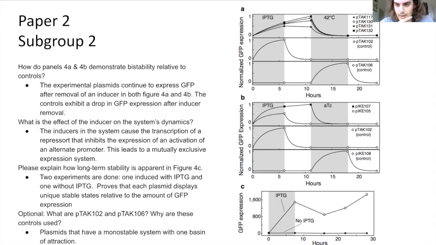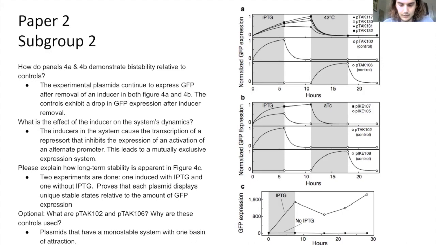And then 4B was very similar to 4A in its setup. The main difference was that the molecule ATC is used rather than IPTG to induce GFP expression in the first control plasmid and the two experimental plasmids.